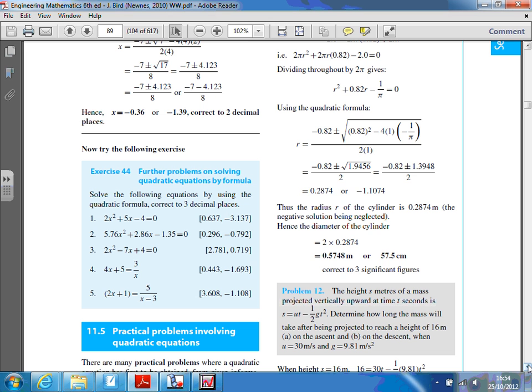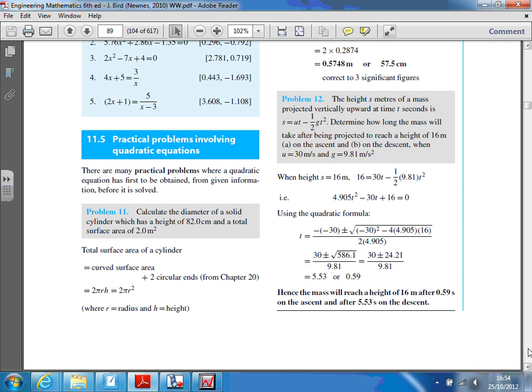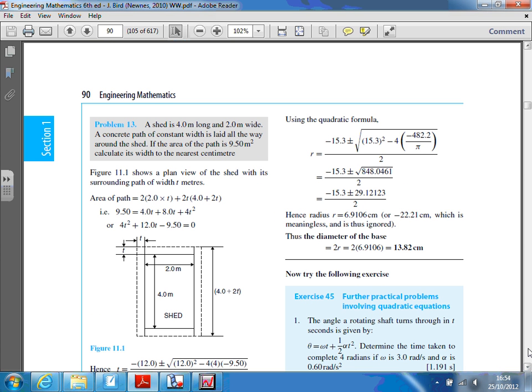Even more interesting would be the next section, some practical problems involving quadratic equations, which will lead us to exercise 45 on page 90. So if you'd like to have a look at exercises 44 and 45 between now and when I see you next time, after half term, that would be good.